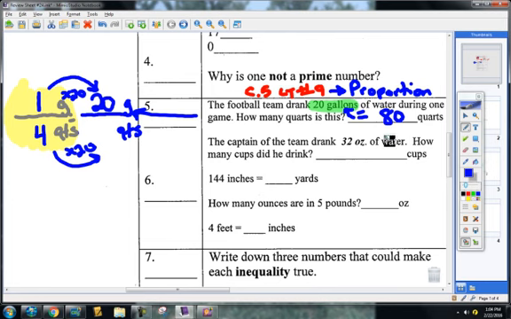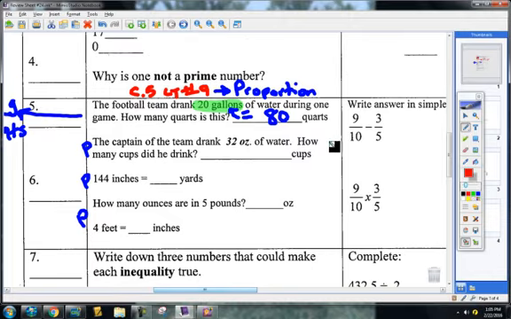Okay? So you're going to have to do a proportion for all of these, all four of these, or three, the remaining three. I will give you the conversions on here, though. Otherwise, you can find them on Google or in your Chapter 5 notes. But I'll just give them to you. So for this one here, I will tell you that there are 8 ounces in 1 cup. Okay? For this one, I guess there's 4 more here.